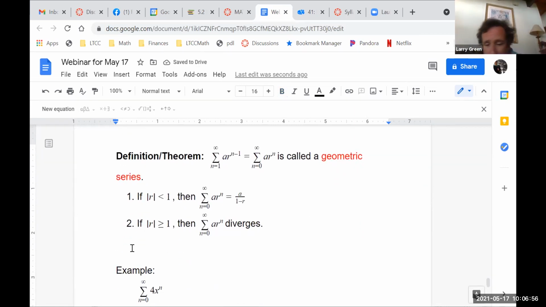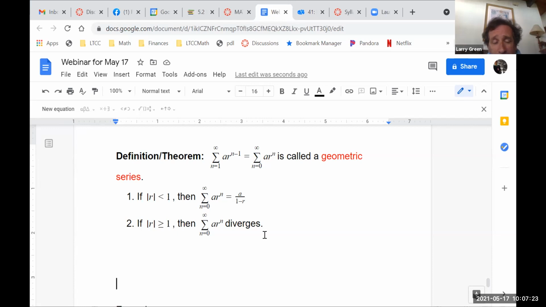And we have the following. If the absolute value of r is less than 1, then the summation n equals 0 to infinity of a r to the n is a over 1 minus r. So it converges. If r is greater than or equal to 1, then the summation n equals 0 to infinity of a r to the n diverges.